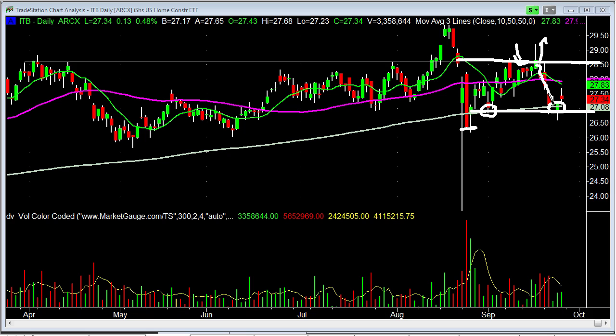As you can see, I was waiting to see whether or not ITB would hold around the 200. And it did yesterday. I actually got into another stock yesterday related to this. I'll talk about that in a second. And today I got into a little bit of ITB with a stop, which would be somewhere under the 2650 level.